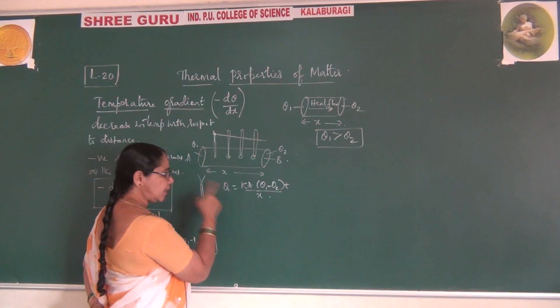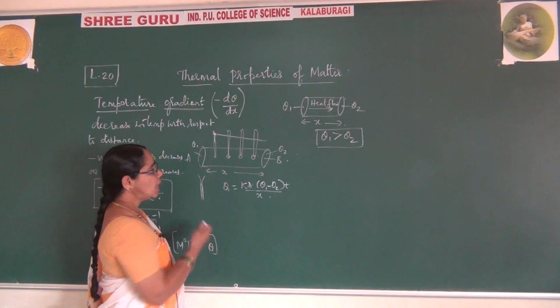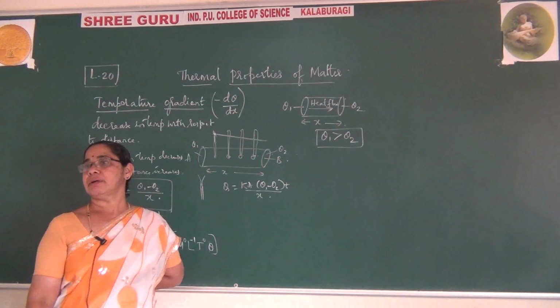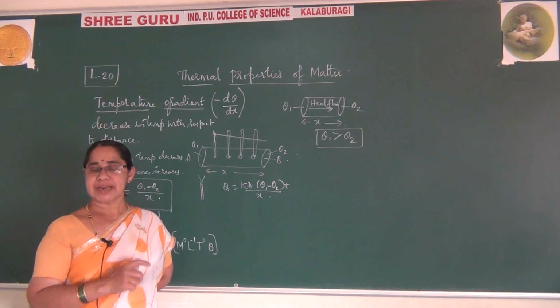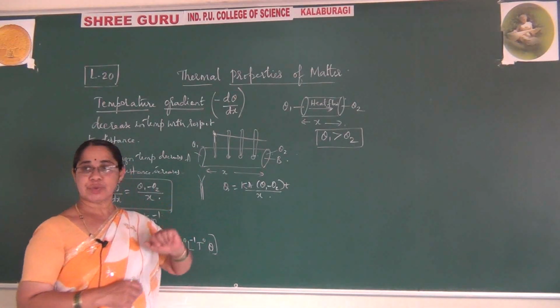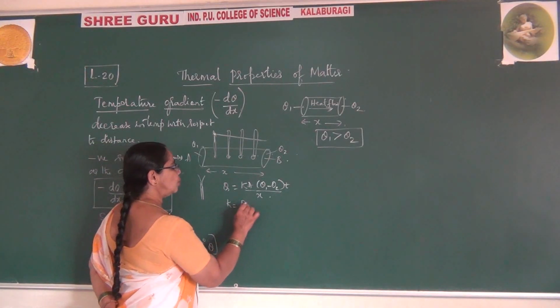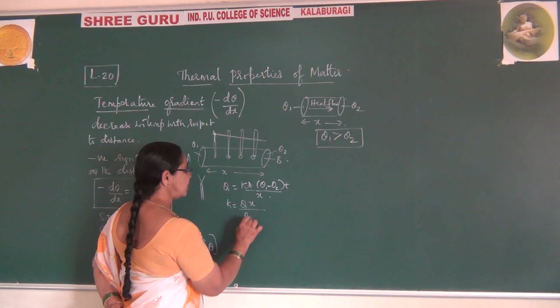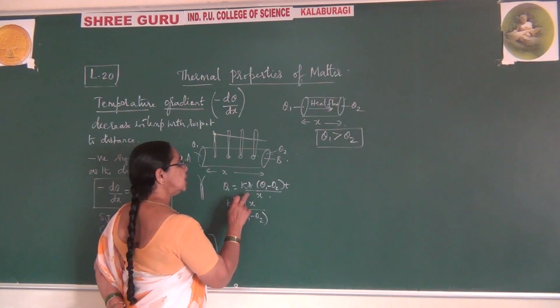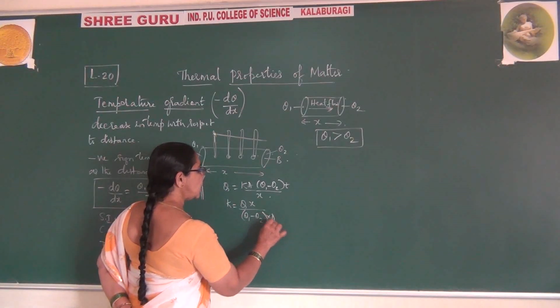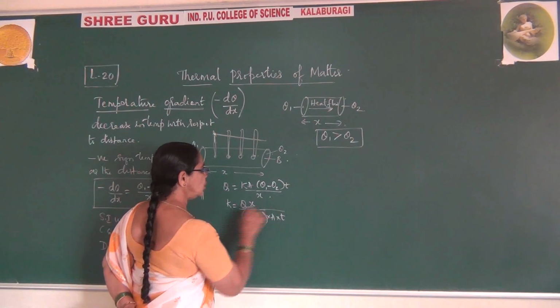This is the expression for the quantity of heat, how it flows in a rectangular cube. But here using this we can write the expression for K, where K is equal to Q into x divided by A (theta 1 minus theta 2) t. This you know the formula.